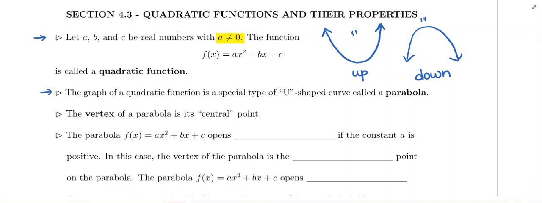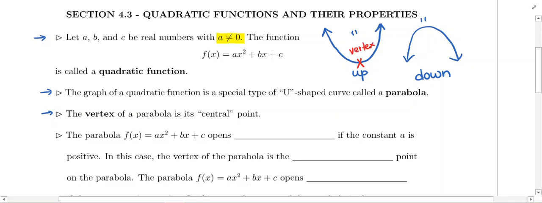Next term. The vertex of a parabola is its central point. So I'm going to go to these little sketches that I drew, and I'm going to indicate the vertex on each parabola. For the upwards opening parabola, the vertex is right here, that red X. So I'll even write that in here. This is the vertex.